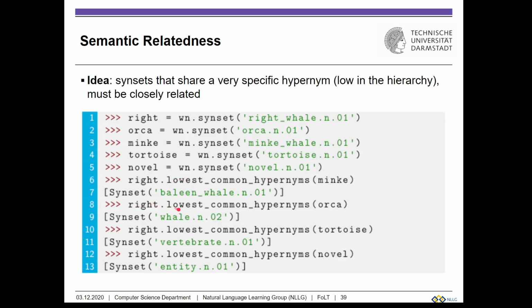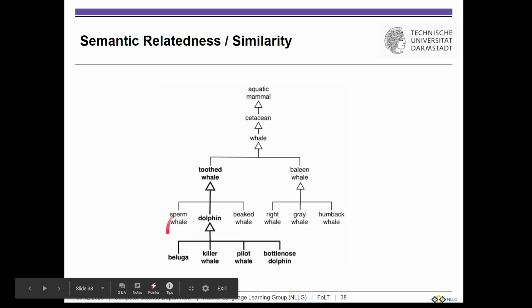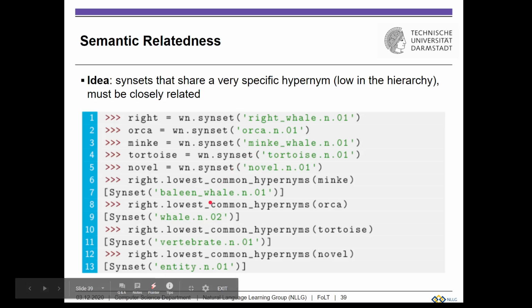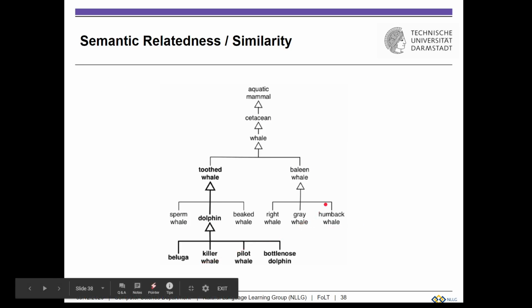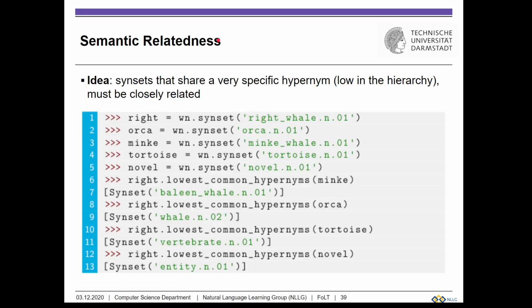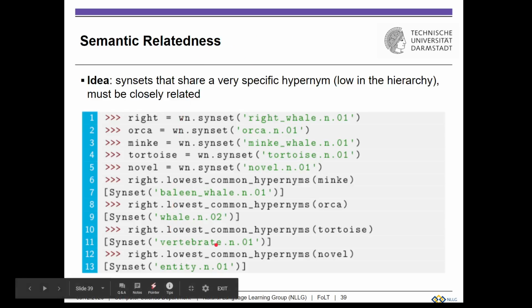When we check the lowest common ancestor between the right whale and the orca, then again orca is not here, but it's the whale. And if we check the lowest common hypernym between the right whale and the tortoise, tortoise is also not here, but it will be further up the ladder, so it even goes up here to vertebrate.